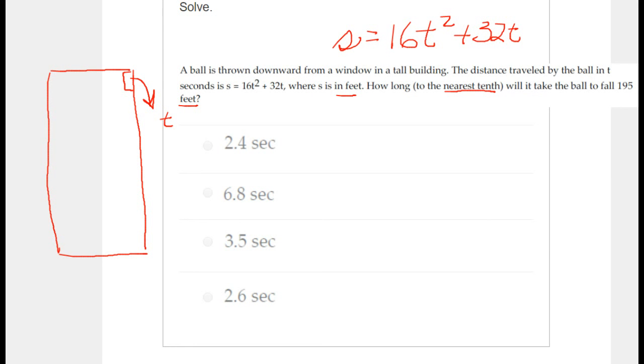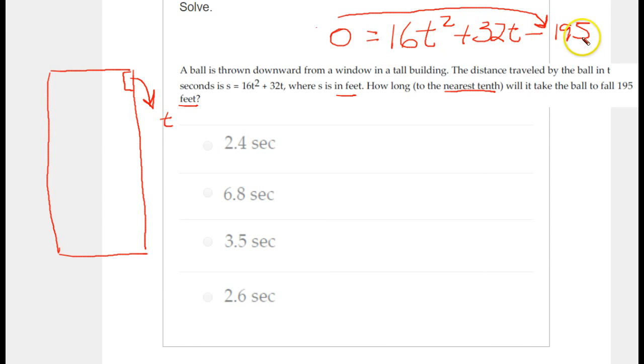Will it take for the ball to fall this many feet? Okay, so our s here we can change to 195. And now this equation we can change by bringing this over to the other side as a negative 195, and this will be a 0 now.